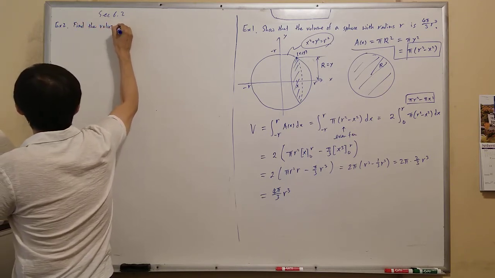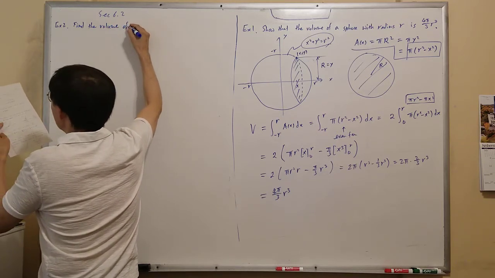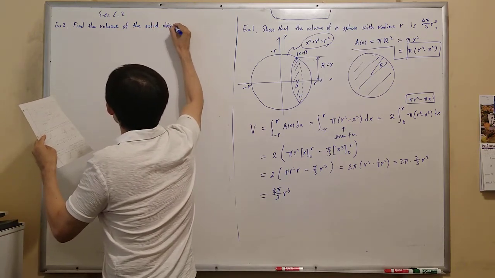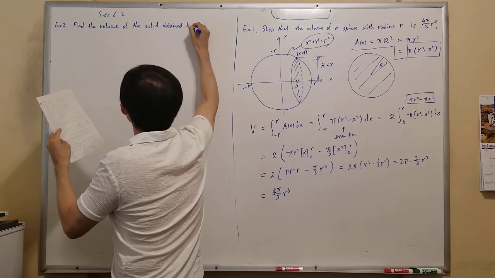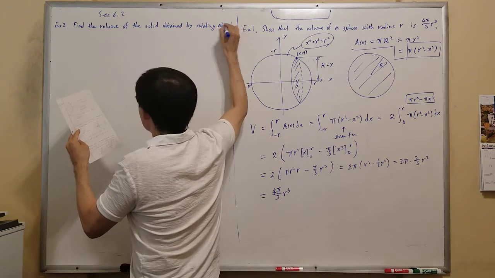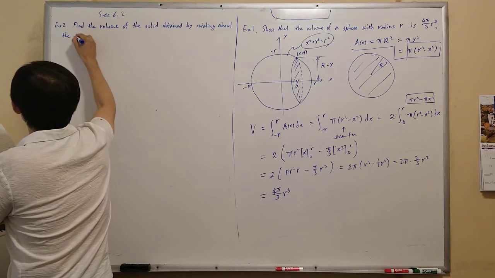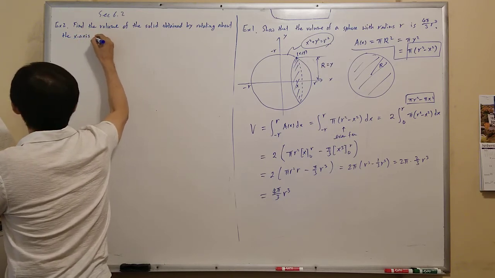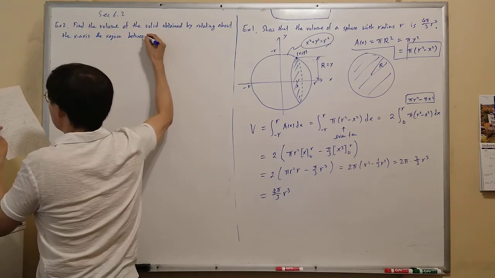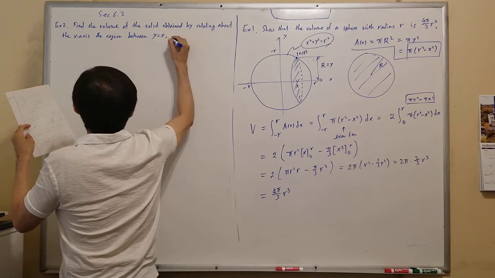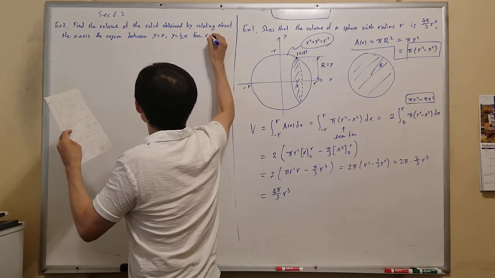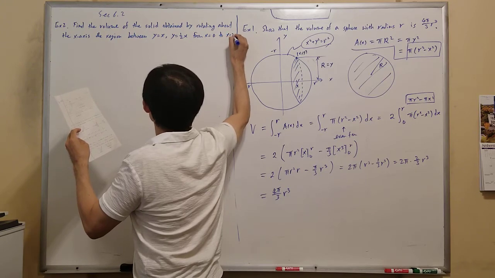Find the volume of the solid obtained by rotating about the x-axis the region between y equals x, y equals 1/2 of x, from x equals 0 to x equals 2.